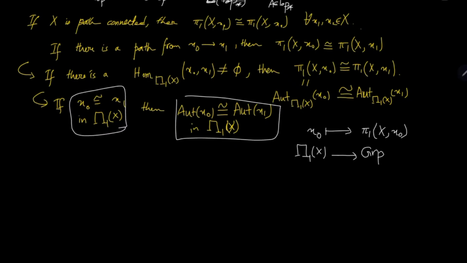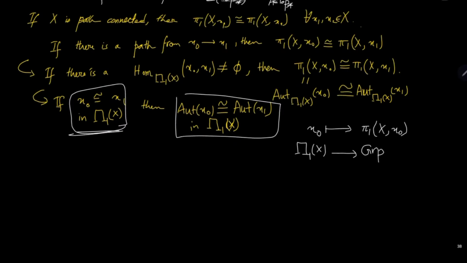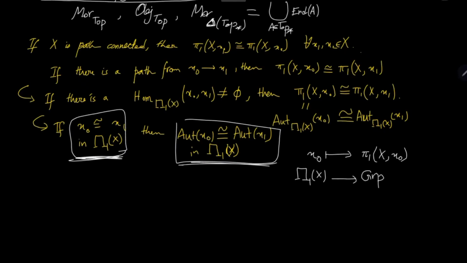A functor must send isomorphic objects to isomorphic objects, and therefore if x0 and x1 are isomorphic in the fundamental groupoid, which means the same thing as there being a path from x0 to x1, then the image of the functor, the fundamental groups based on those two base points x0 and x1, are isomorphic as well.